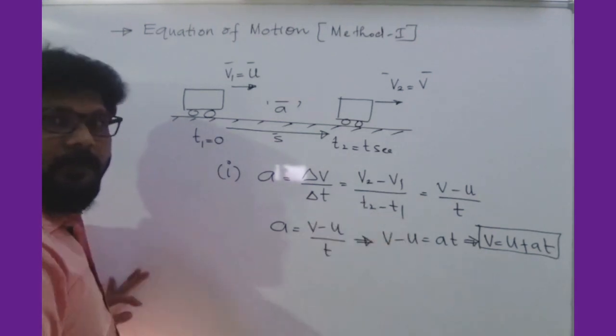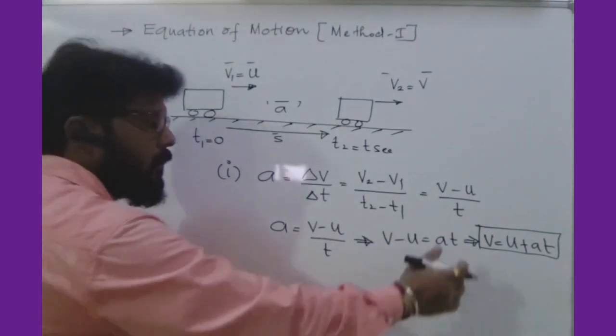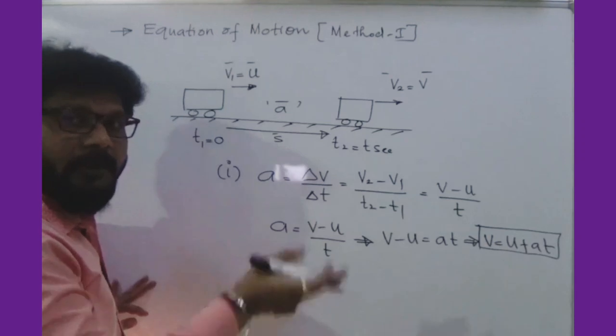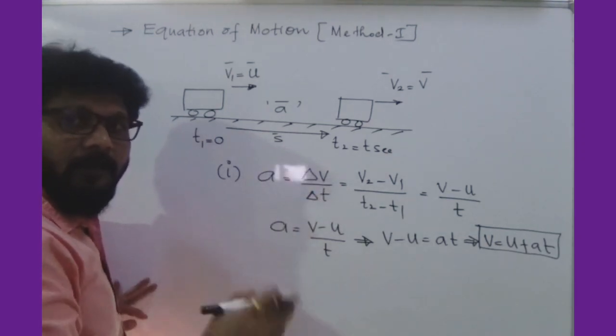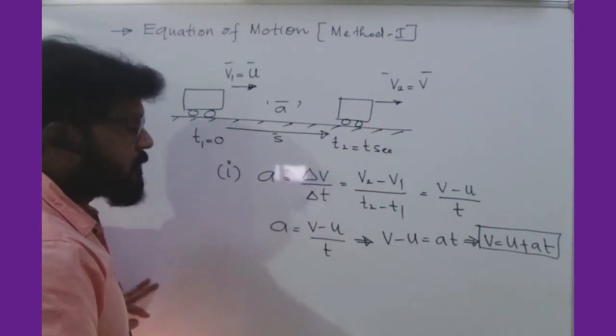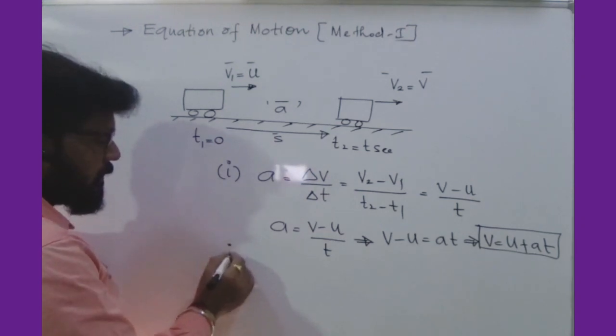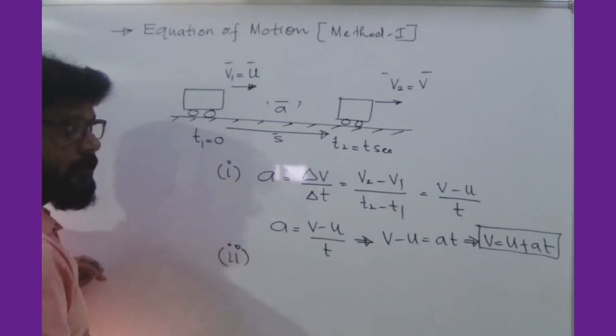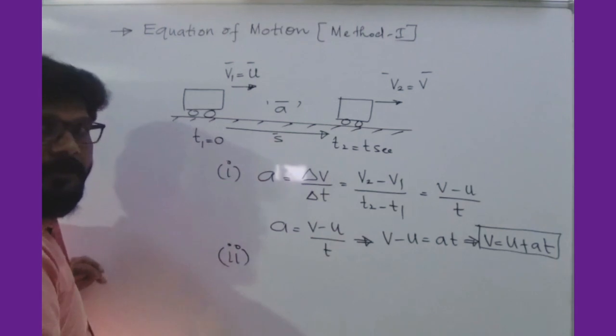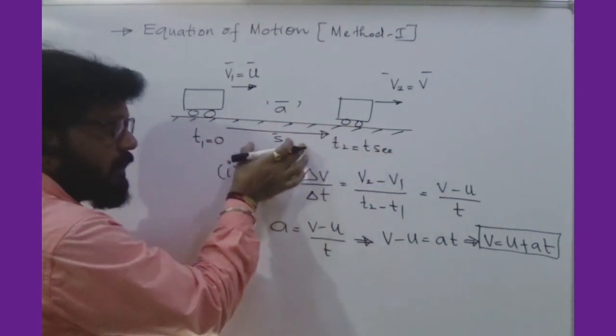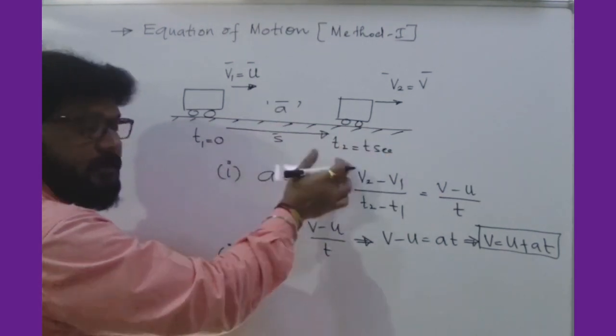All are vector quantities. Now v is the velocity after t seconds. Next, the second equation. What is the average velocity? I want the displacement after t seconds.